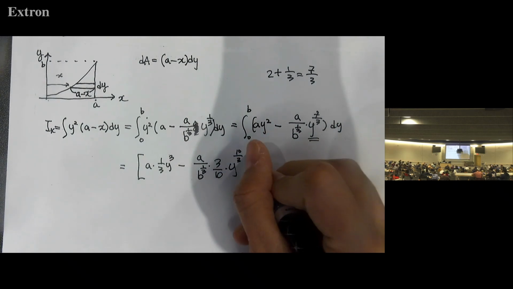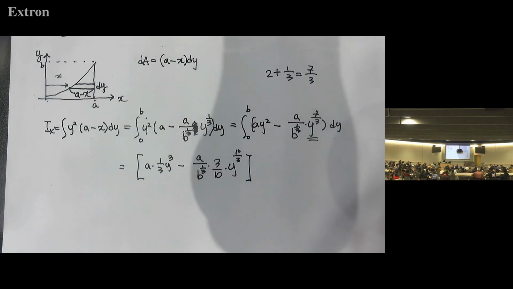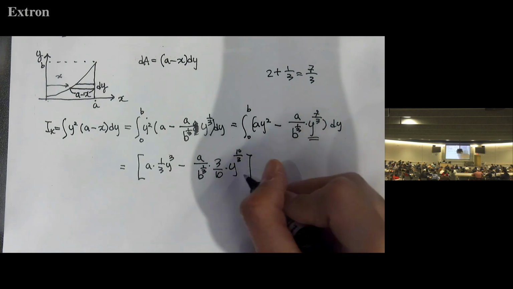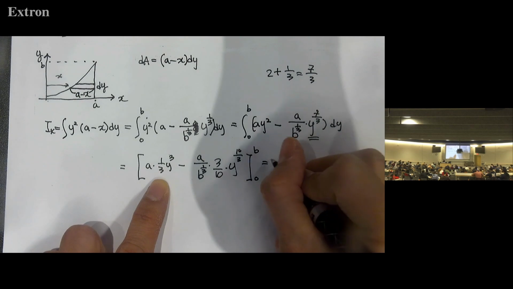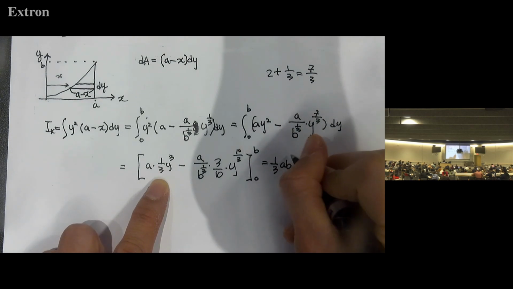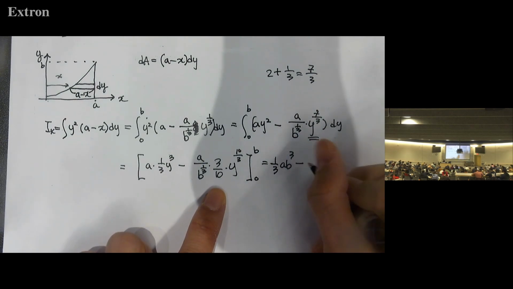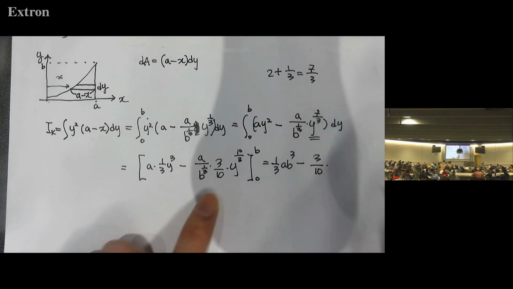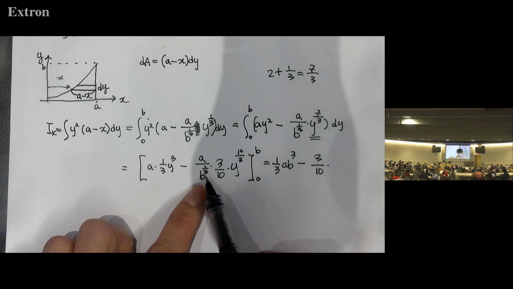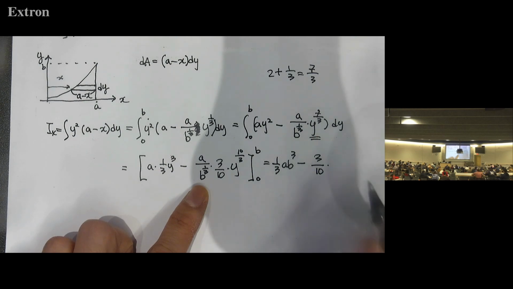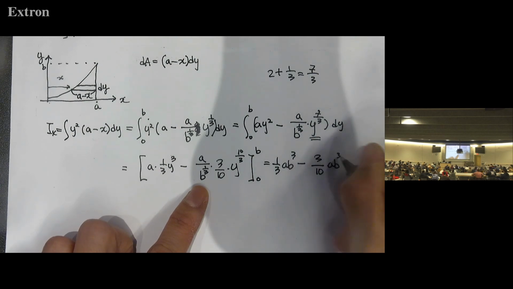Yes, thank you. Okay, and it's from 0 to b. So the first term is 1 over 3 a b cubed, right? And then the second term, 3 over 10, and then we have b to the 10 over 3, and then 1/3, so the 1/3 is gone, and then we have b cubed. So this is a b cubed as well.